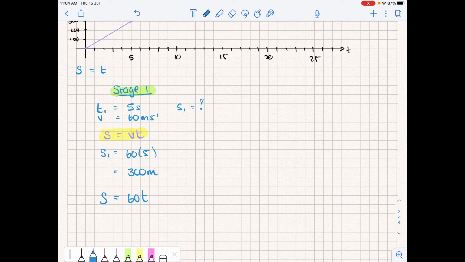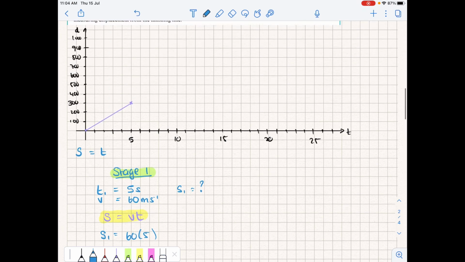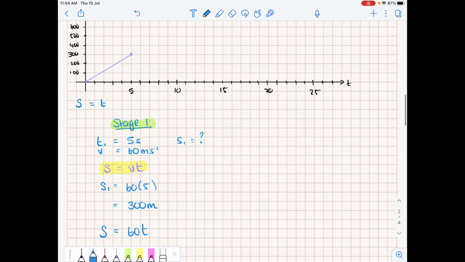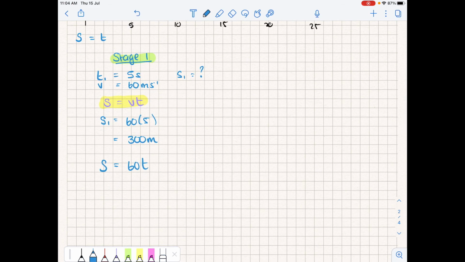t. Now, very importantly, there's going to come a change in velocity after 5 seconds. So this equation is only valid from 0 to 5 seconds. This is called a piecemeal function.